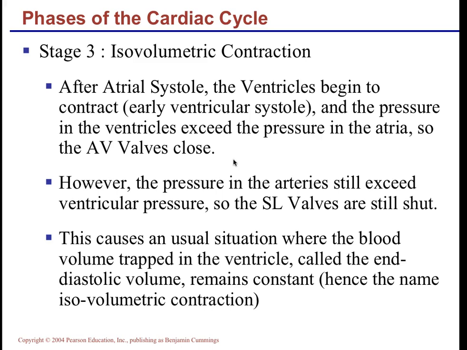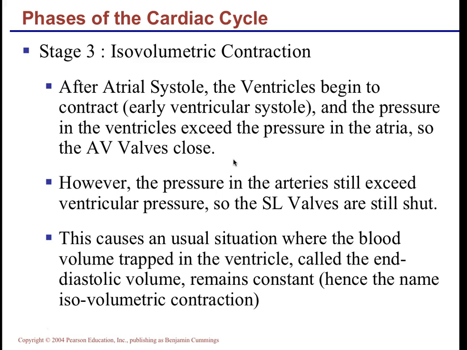But the semilunar valves are still shut. It's kind of hard to believe that the pressure in the arteries is still a little bit higher than the ventricle, but that's the way it is. So for a moment in time, the upper valves are shut, the lower valves are shut, and blood is trapped. It can't go up, it can't go down.